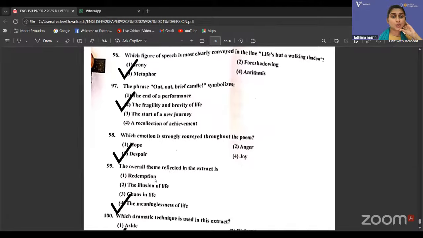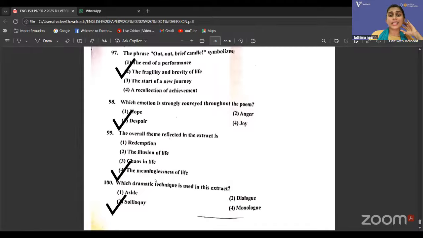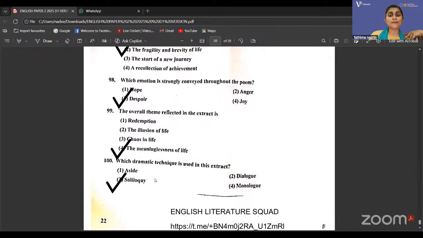97. Which emotion is strongly conveyed through the poem? It is despair. You don't see a happy or a hopeful note in this very excerpt, right? So it is about despair. Now, overall theme reflected in the extract is option number 4, meaninglessness of life.